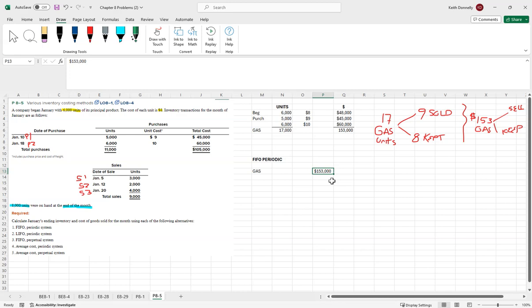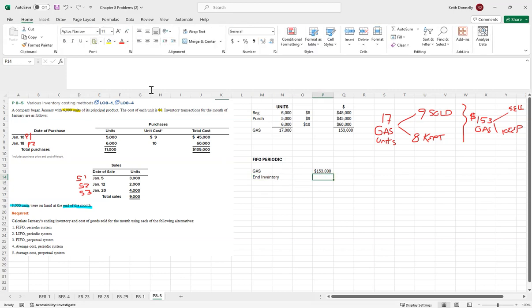If we can back out our ending inventory in dollars, then we can figure out our cost of goods sold in dollars. So if we figure out this, we can do 153 minus that, which gets us our cost of goods sold.